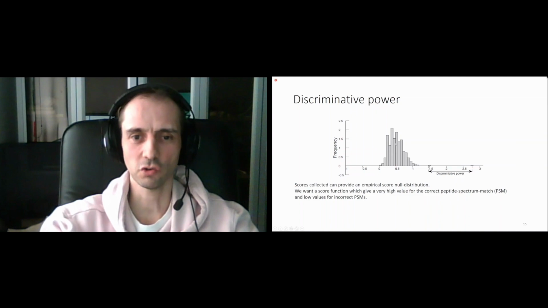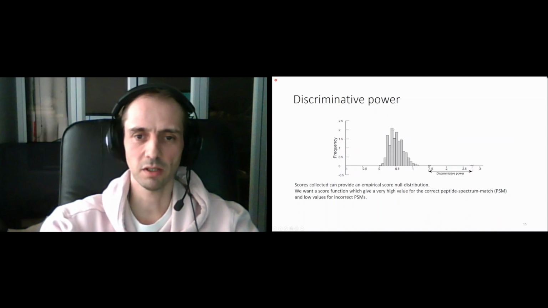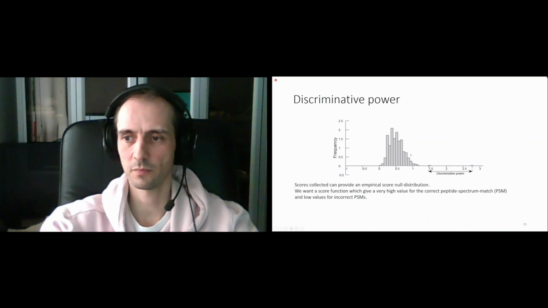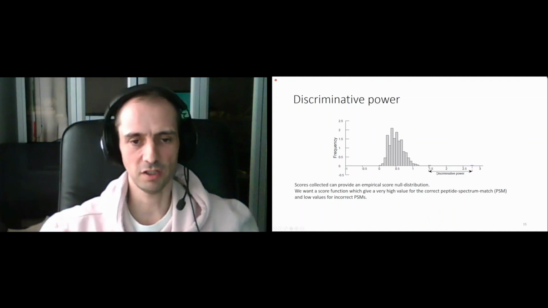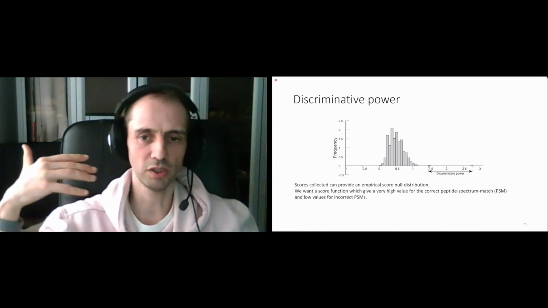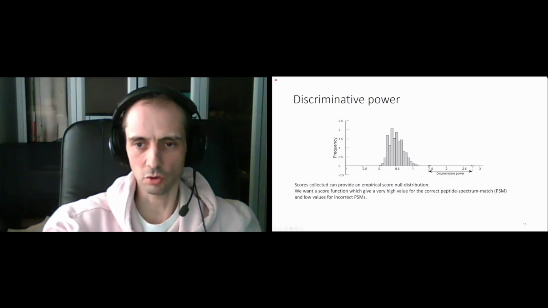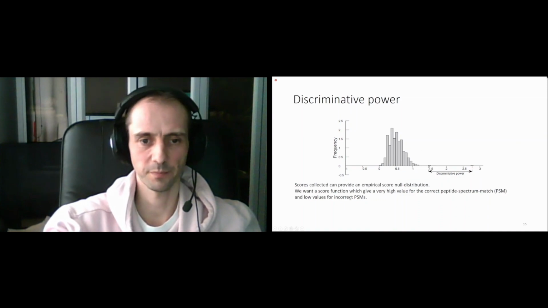Because these scores are coming from incorrect matches, they can be referred to as the null distribution, some empirical null histogram. So the discriminative power of the scoring function is, intuitively, not mathematically, how well the score of the correct annotation is separated from the random matching scores. Okay?